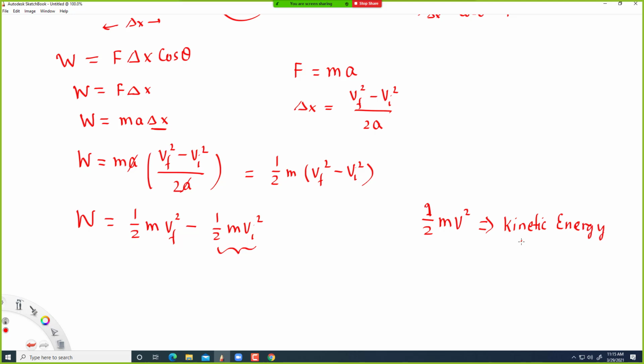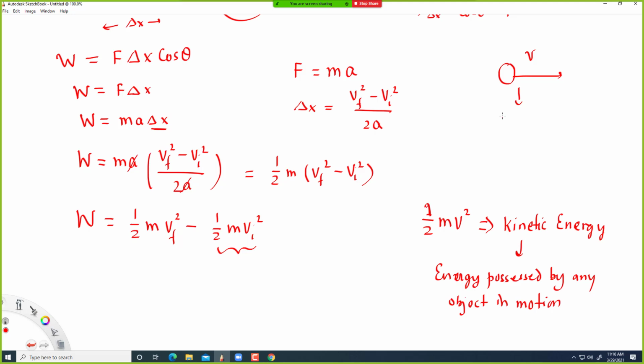That's the energy possessed by any object that is in motion. In other words, any object that is in motion, that has some speed or velocity, has kinetic energy. Okay, and its kinetic energy is given by 1/2 mv squared.